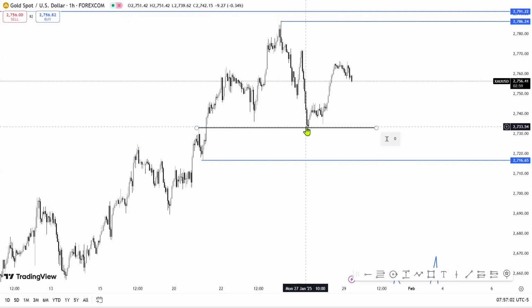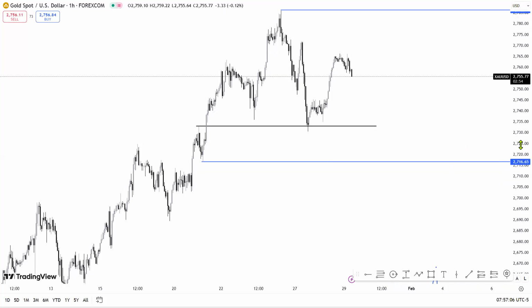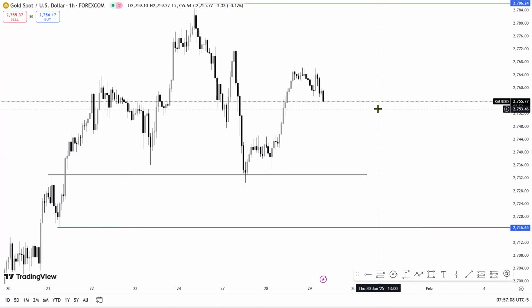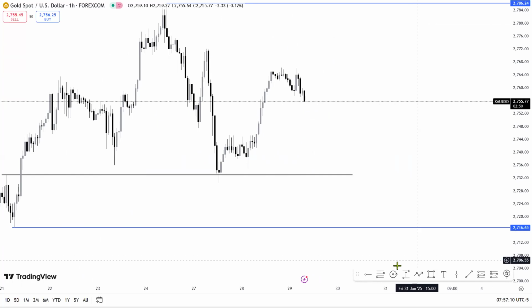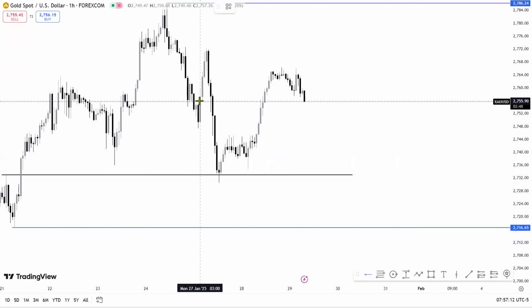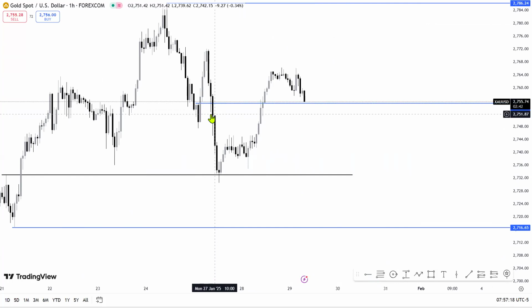Price traded into it, created an expansion higher, again traded into the bullish order block and was buying. All right, so today we might see gold find support at the previous reclaimed bullish order block right here.